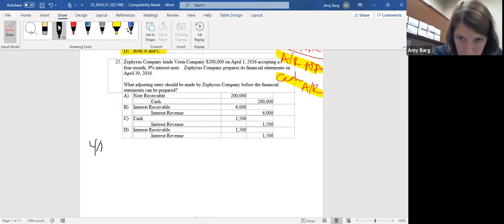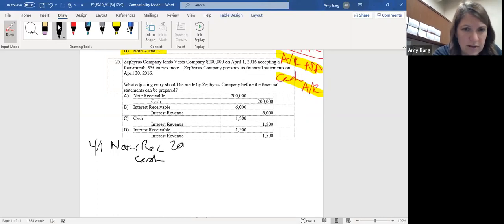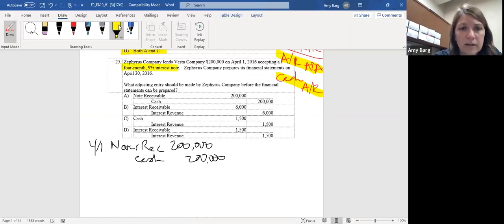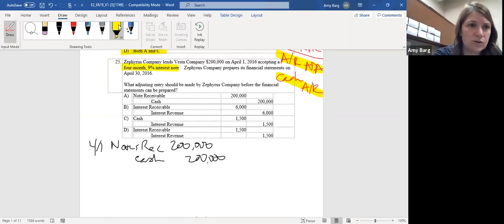So on April 1st, the journal entry that we would make is notes receivable, and we lent cash, so our cash goes down for $200,000. So this is already on the books, but now it's the end of the month and we need to do an adjusting entry. Well, there was interest involved here, right? There was a 4-month 9% interest note.